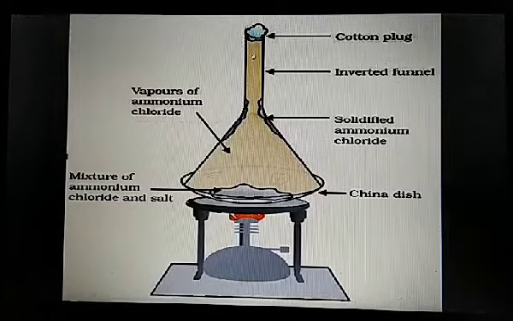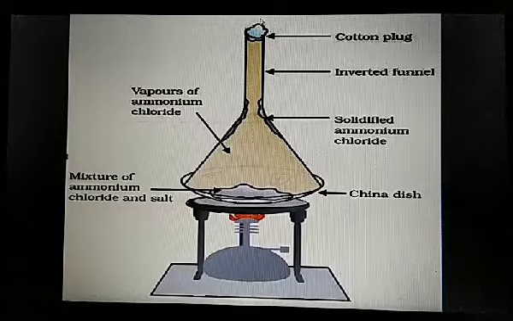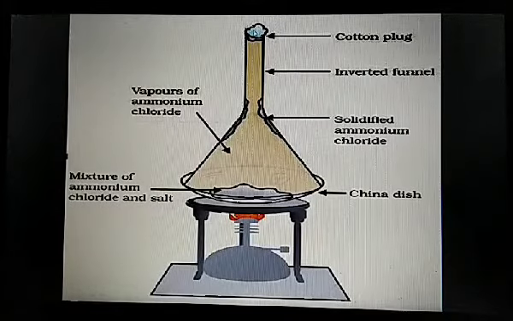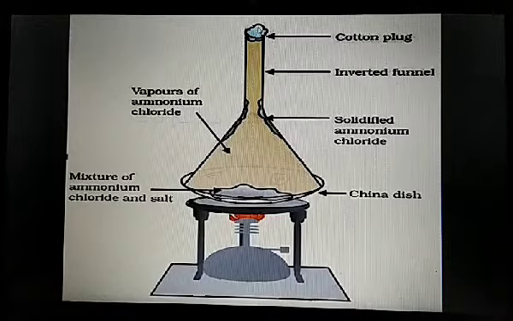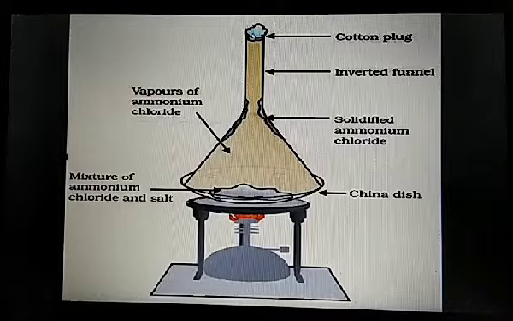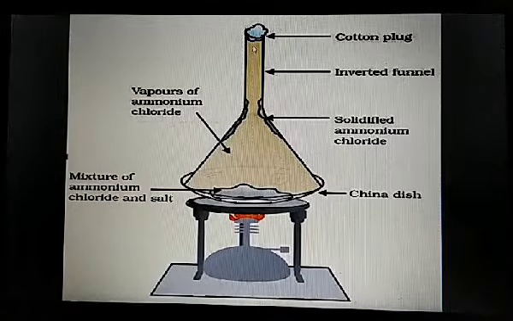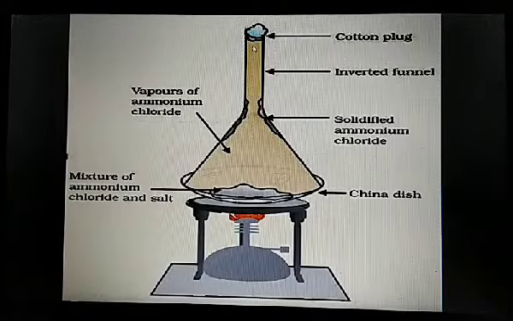so as to avoid the passing out of vapors into the surroundings. Otherwise, the whole of the ammonium chloride vapors will escape out. And we will not cover it completely, because this will allow some cold air to enter, and that will help in the solidification process.